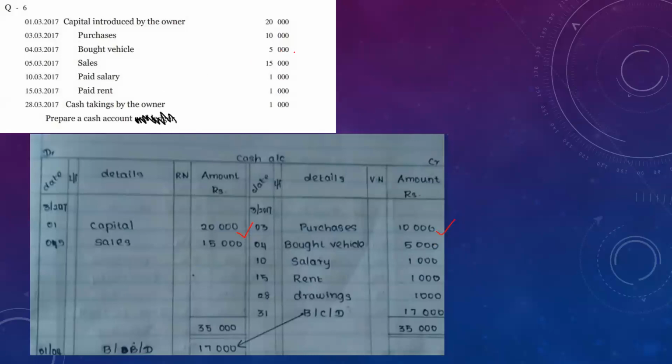Bought a vehicle 5,000. Bought a vehicle means we should not write the word bought. We have to write only the vehicle. 5,000 credit. Check your answers, everyone.